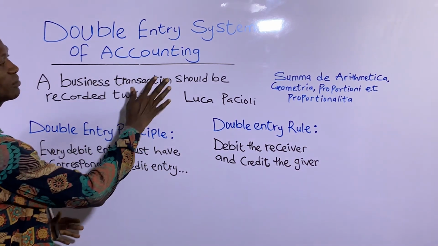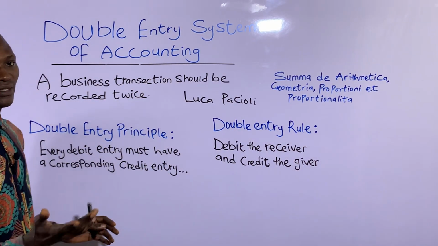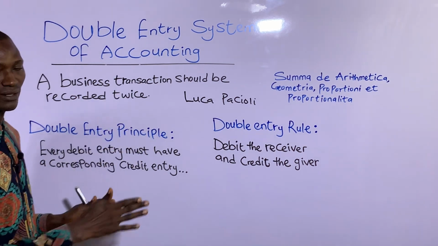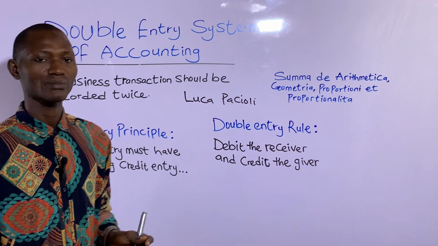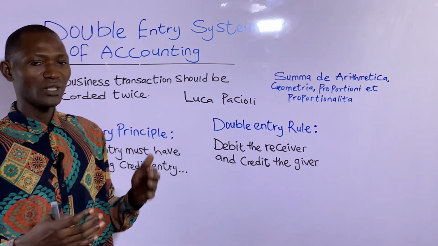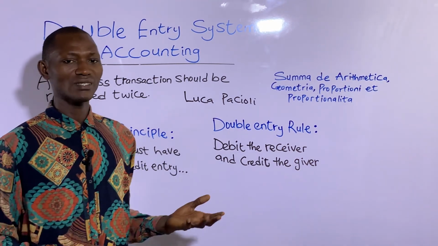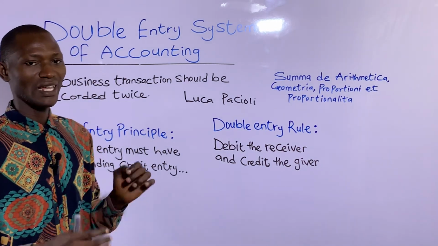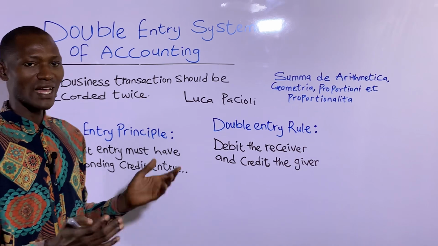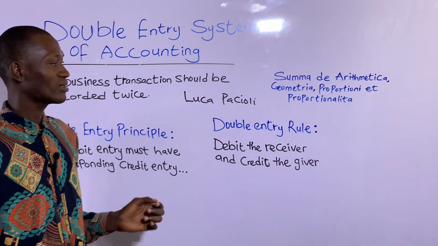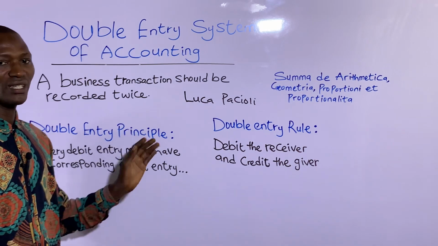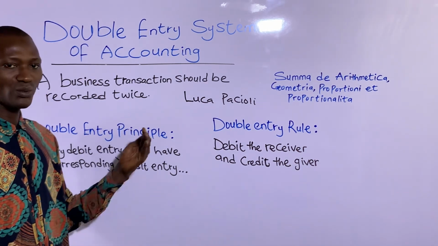The double entry system of accounting explains that a business transaction should be recorded twice in the books of accounts.